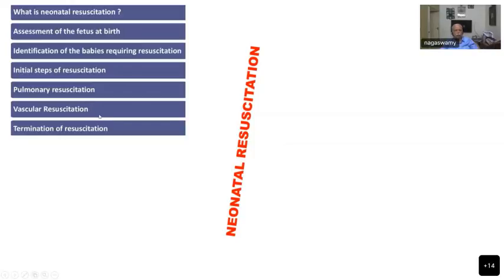So you don't go for cardiac compression first. You always try to correct the pulmonary deficiency, then the heart will automatically pick up. If after correcting the pulmonary deficiency the heart is not picking up, then only you have to go for resuscitation of the heart. So that is a very important difference between an adult resuscitation and a neonatal resuscitation.